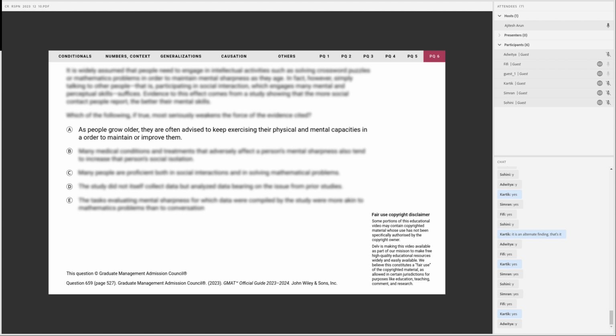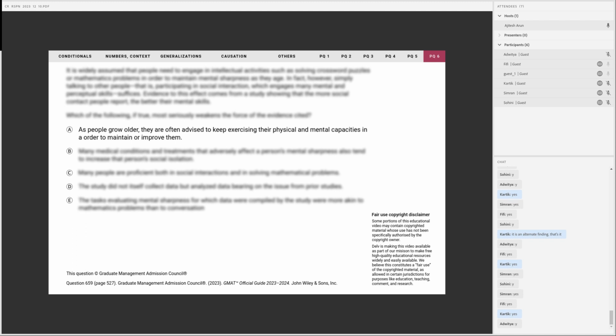As people grow older, they're often advised to keep exercising their physical and mental capacities in order to maintain or improve them. Now, if you think about what this option is telling us, it's just saying that people are advised to exercise their physical and mental capacities if they want to maintain them. But it doesn't tell us anything about whether the social interaction is enough or not enough.